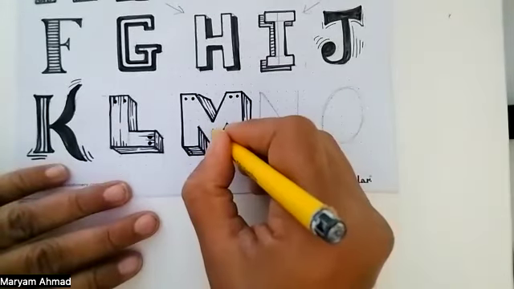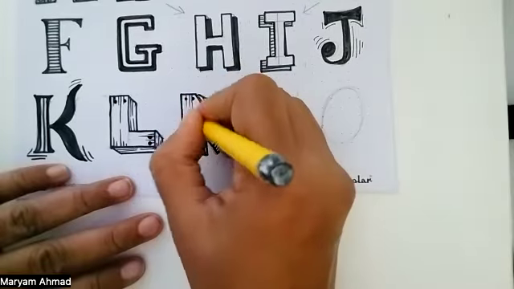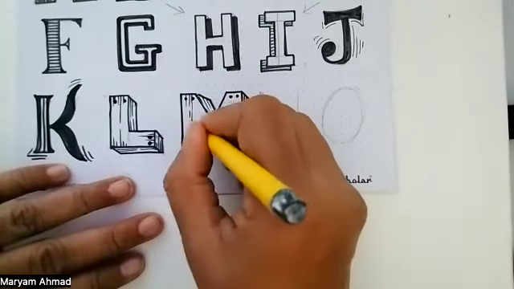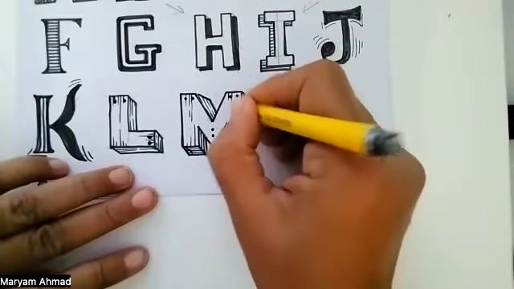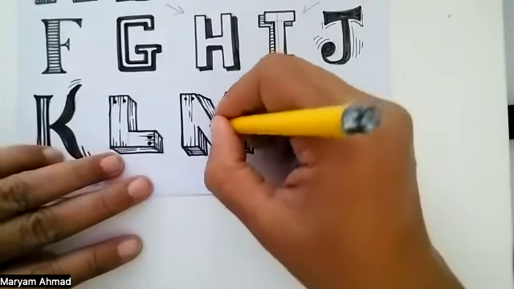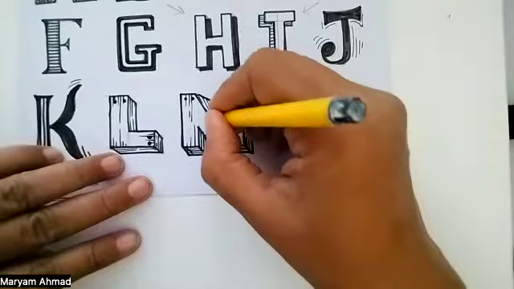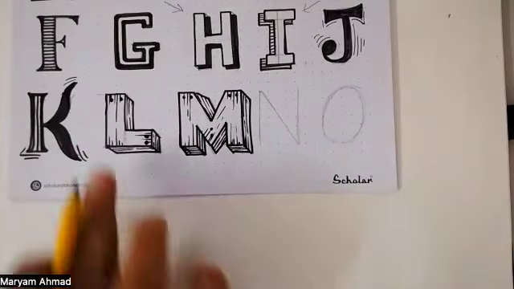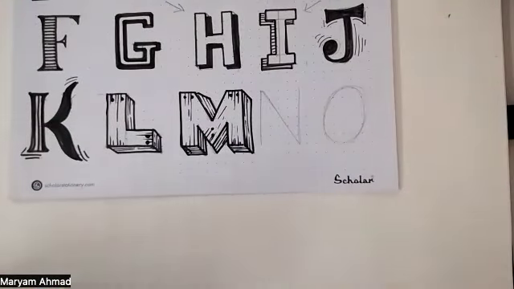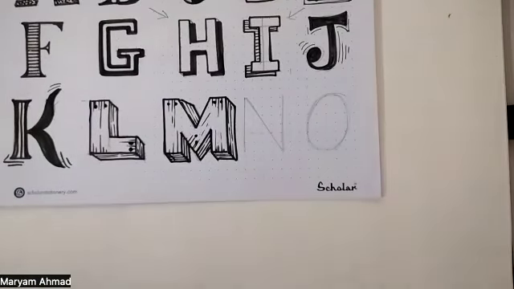And maybe a couple of nails here, right? And then just draw. Right, so you've got some lines like this. And there you go. You've got the L and the M in a wooden effect. Okay.